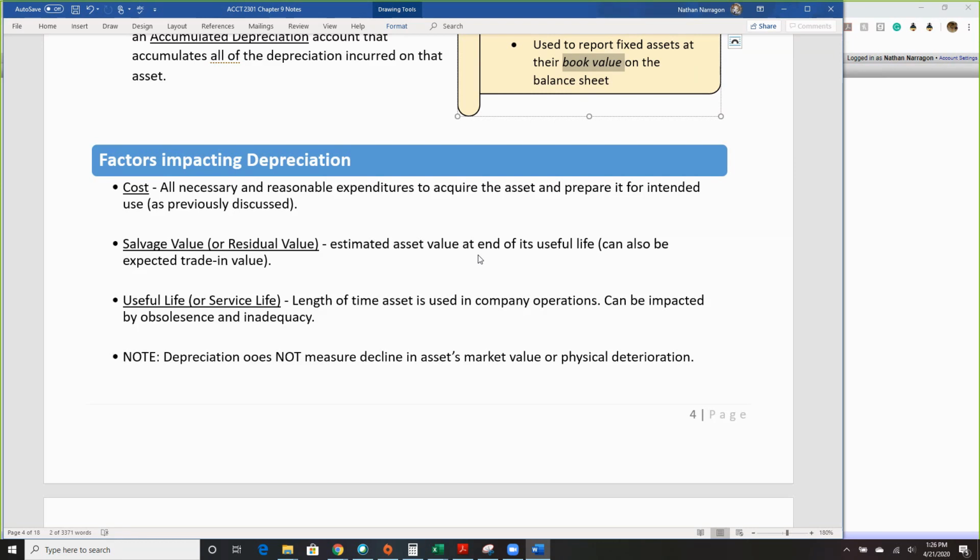The third item is, of course, useful life or service life. Again, there's multiple terms for each of these, but basically, whatever the length of time the asset is going to be used in the operation. Now, this can be changed, based on if the asset becomes basically inadequate for our business.